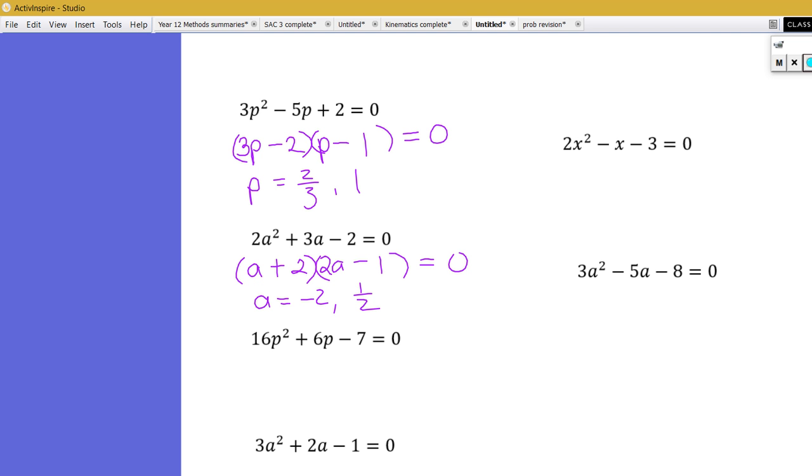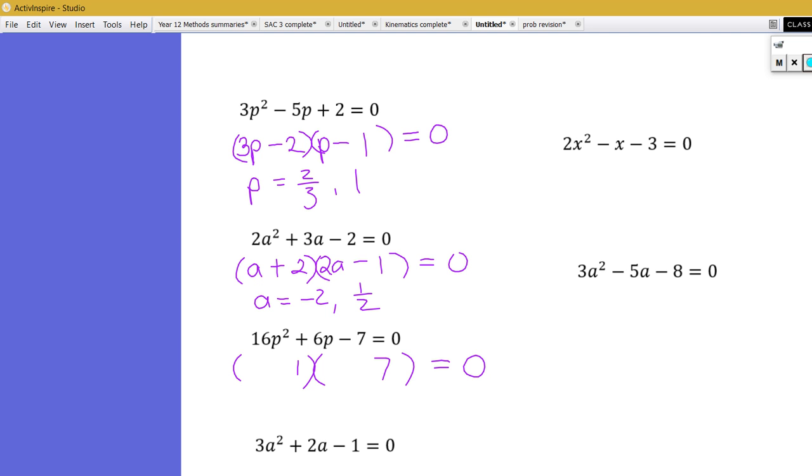Right, this one here, the numbers are a bit bigger this time, and it might take you a couple of goes to get there, but it's not too bad. With 7 at the end, we can only do 7 and 1, so I'm going to just put those in because we don't have any options. Remember, we're trying to get our middle term to be equal to 6p. If I used 16 and 1, it's not going to get me to 6.